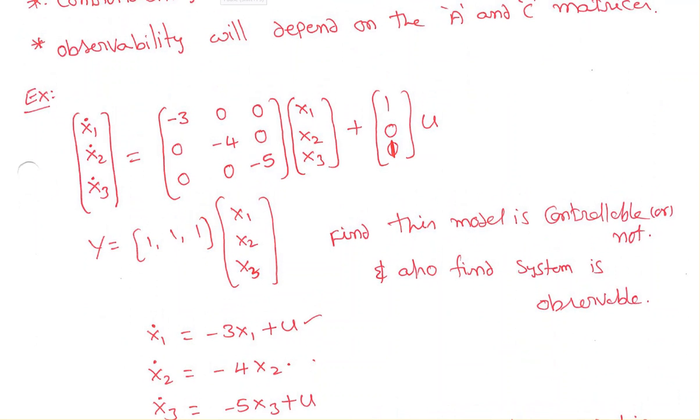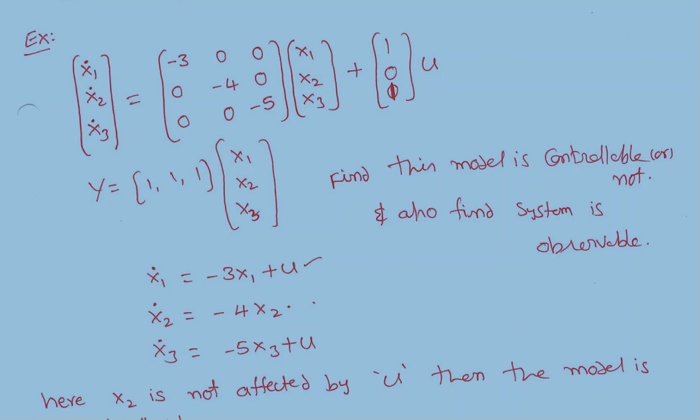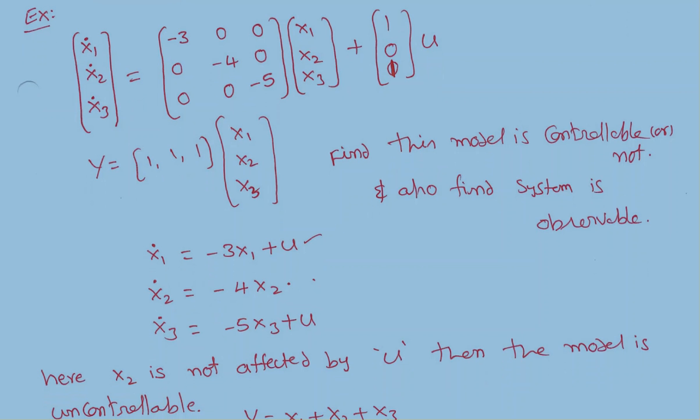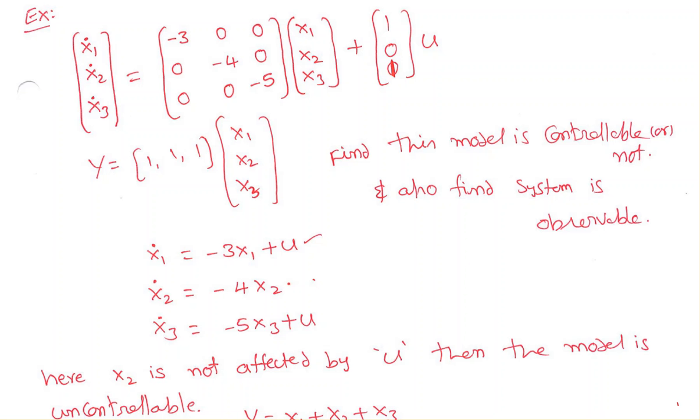Here you are asked to find whether the model is controllable or not, and also whether the system is observable or not. So x1 dot equals minus 3x1 plus u, x2 dot equals minus 4x2, x3 dot equals minus 5x3 plus u.